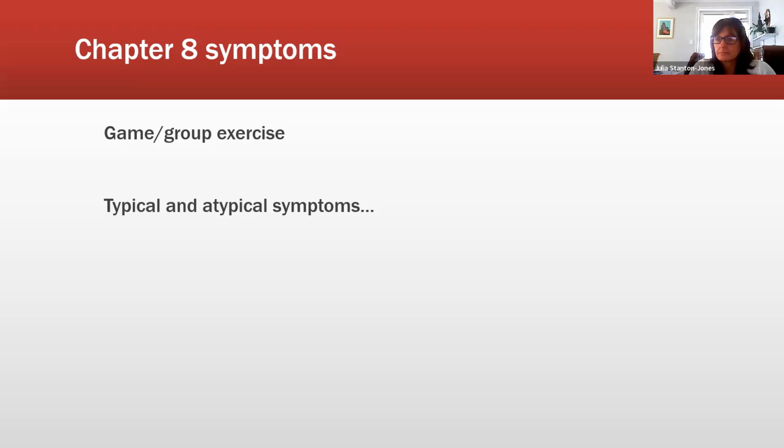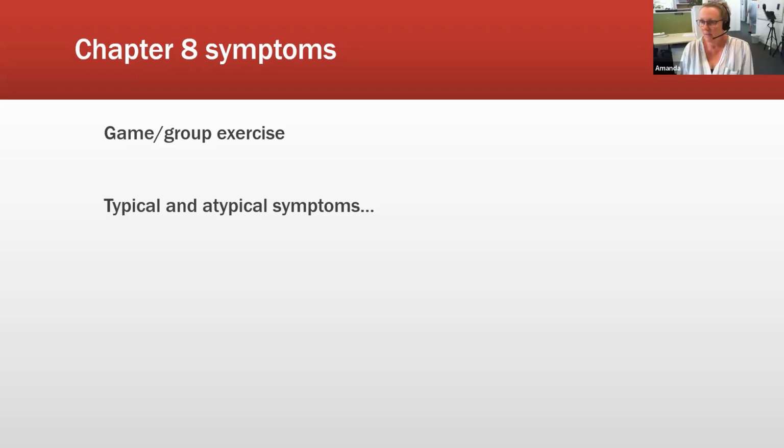So what sorts of places could the discomfort just be localized to in ACS? It can be abdo and epigastric pain.